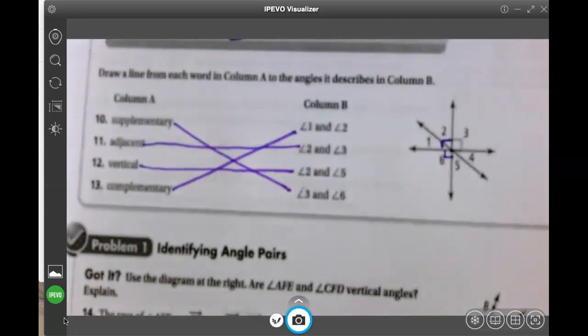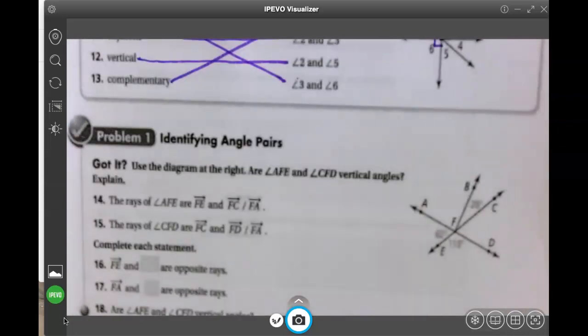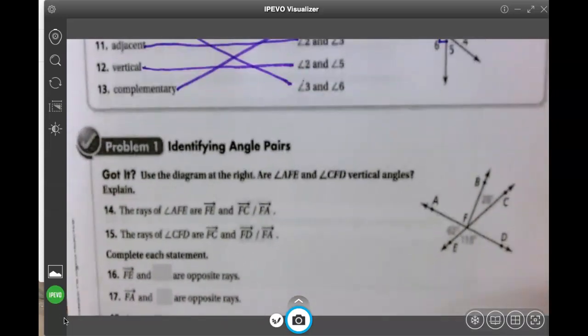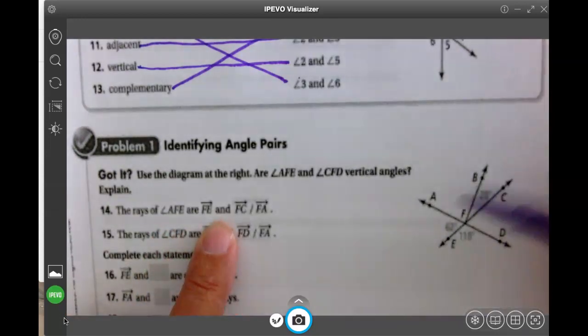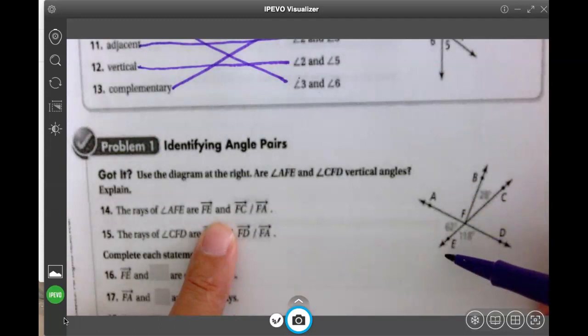All right, so look down at problem 1, identifying angle pairs. It says use the diagram at the right. Are angle AFE and angle CFD vertical angles? It says the rays of angle AFE are ray FE and ray what?